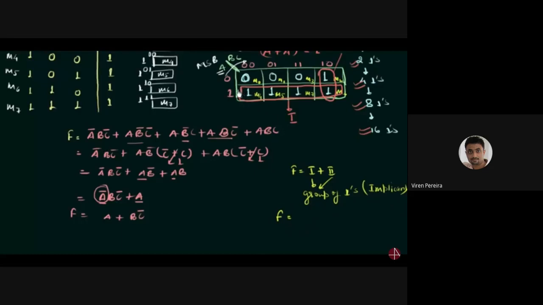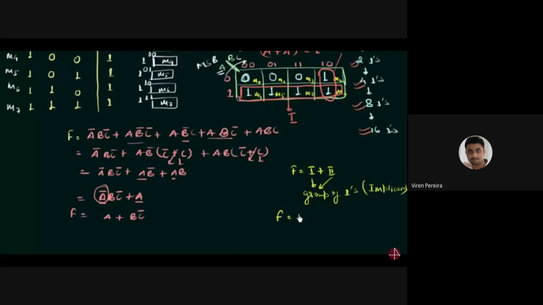Now listen very carefully, you have to see the group of the ones that we just made and find in that group which variables are changing. So in this group I can see that A is 1, okay, it is not changing. A is 1 throughout, it is not changing from 1 to 0.